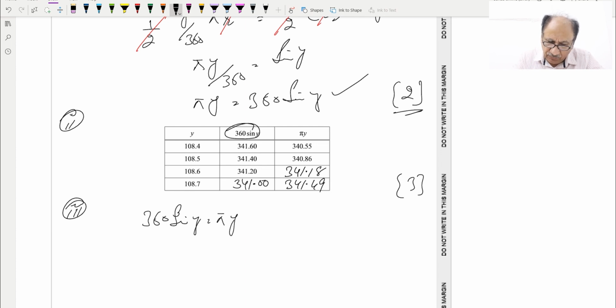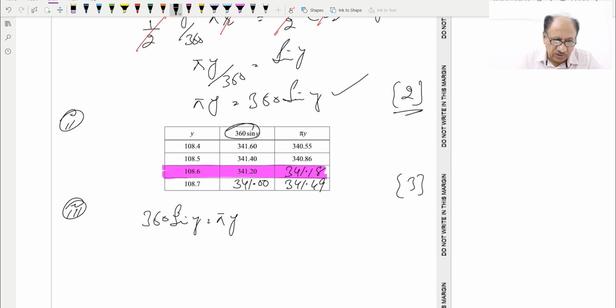If we check, the values are very close, and we can round up to 1 dp as 108.6. So this will be our answer.